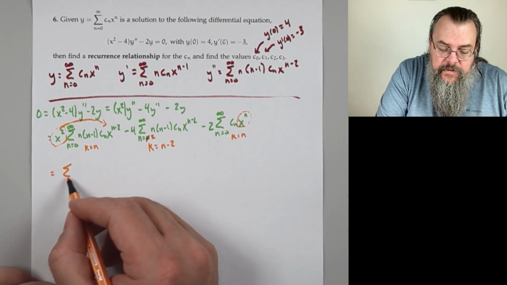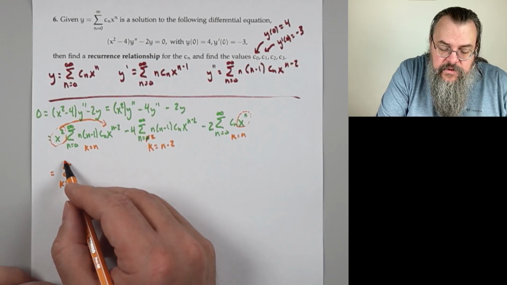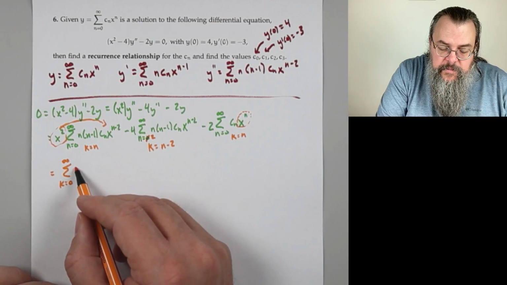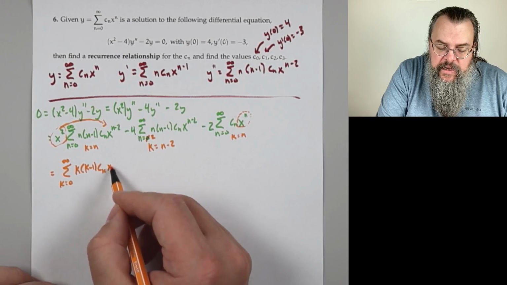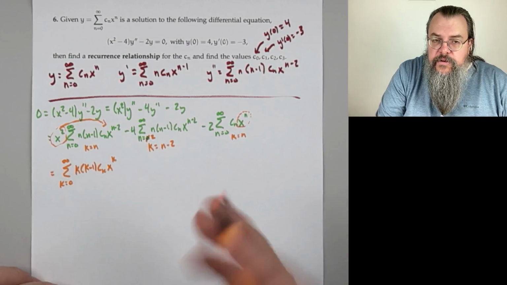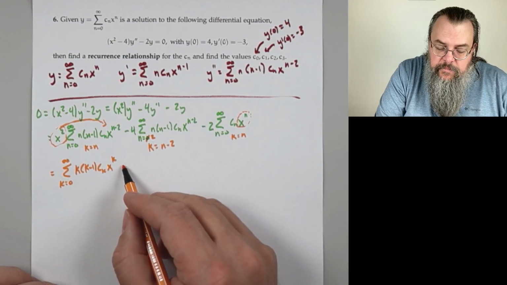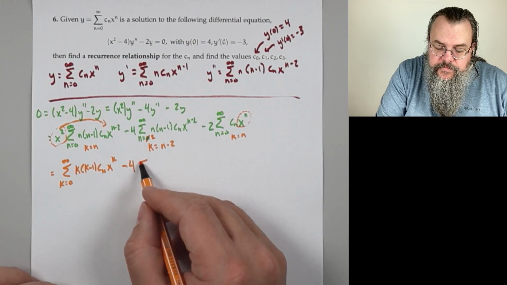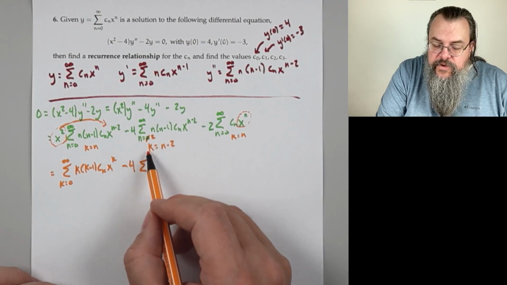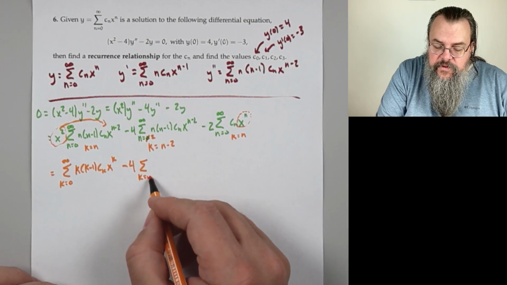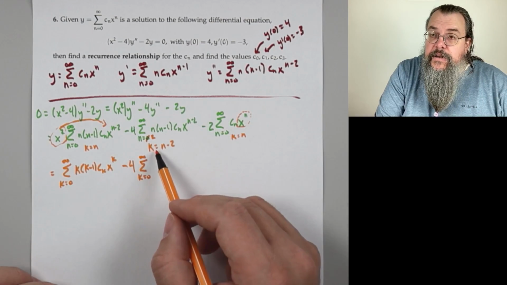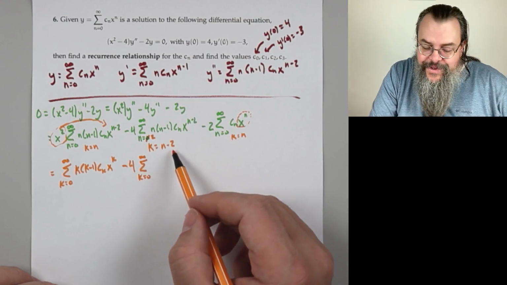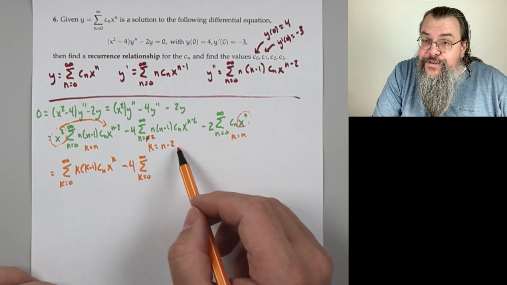So we have the sum, k equals 0 to infinity, and this will become k times k minus 1, c sub k x to the k. We multiplied the x squared through, life is good. Minus 4 sum, when n equals 2, k equals 0, so k equals 0 to infinity. Now, if k is n minus 2, n is k plus 2.